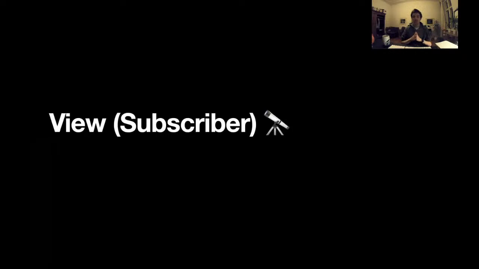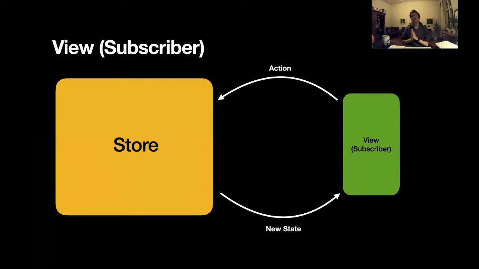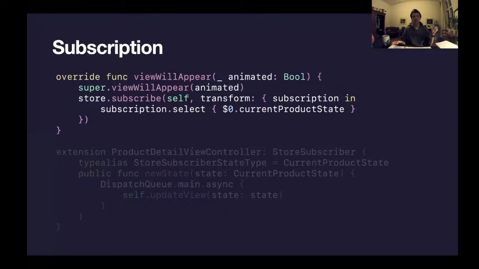So just quickly, let's see how the view reacts to the changes. Again, it sends an action and it gets a new state. So how exactly does it do that? For example, in viewWillAppear, it subscribes to something, and in viewWillDisappear it can unsubscribe.